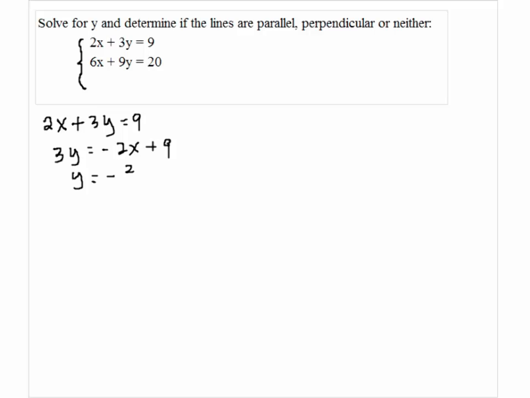So y equals negative 2/3 x plus 3. Note that the slope of this equation, let's call it m1, is negative 2/3.